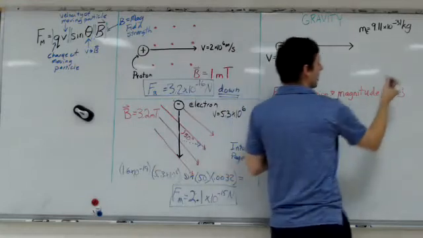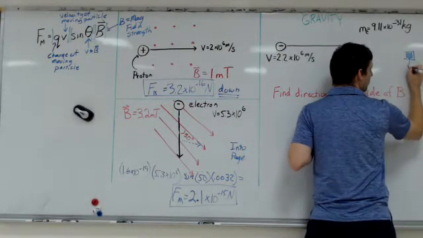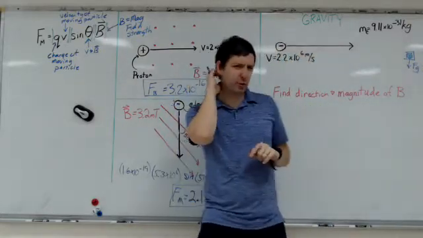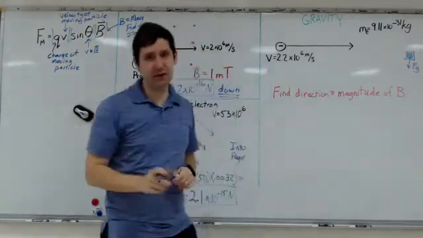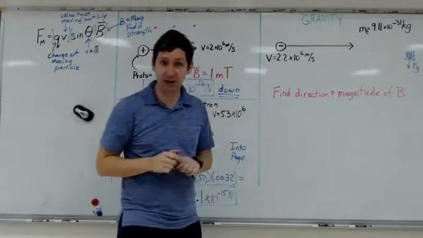As this electron is going forward, I've got gravity pulling down. And then what direction does the force of the magnetic field need to be to balance gravity so that my electron can fly in a straight line?